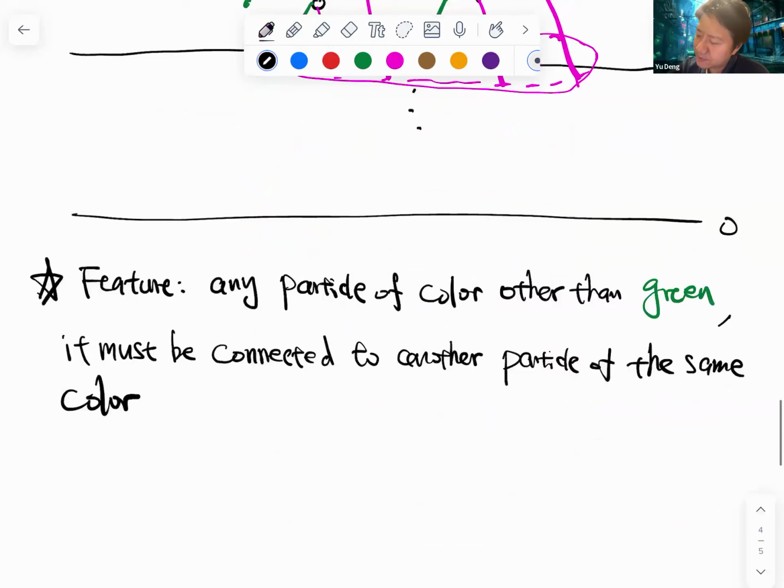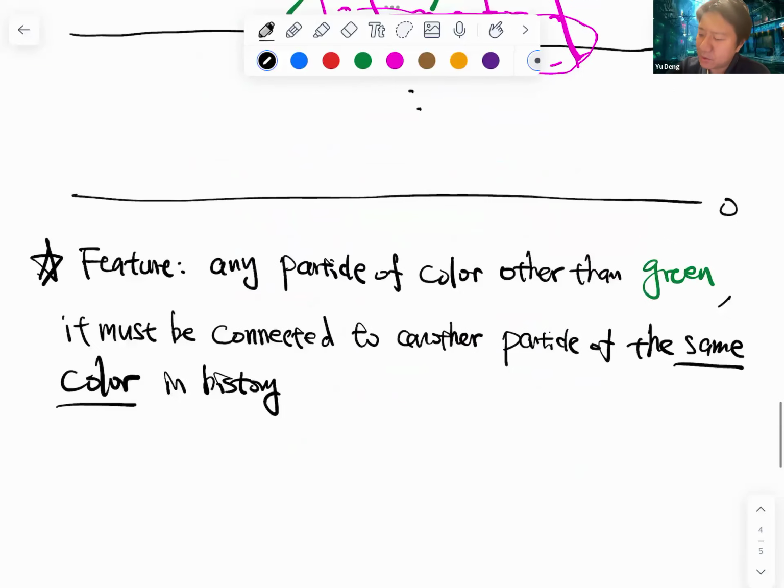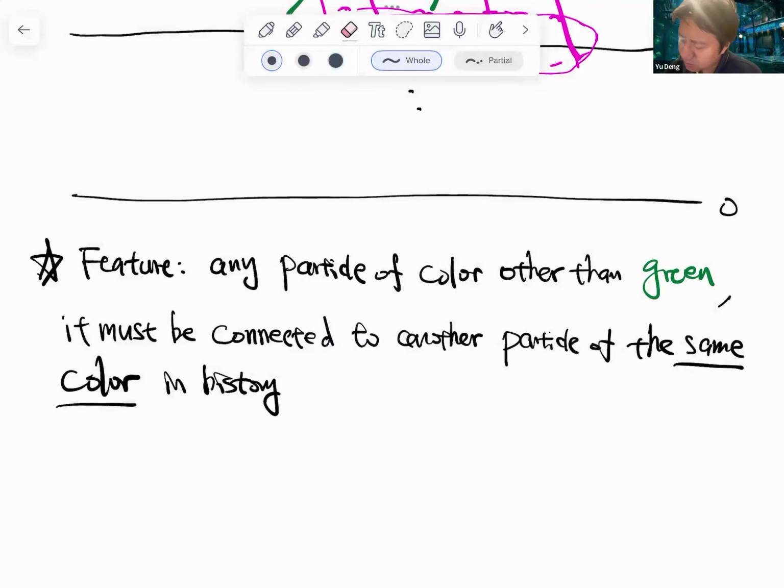The same color in history. In history means backwards in time.